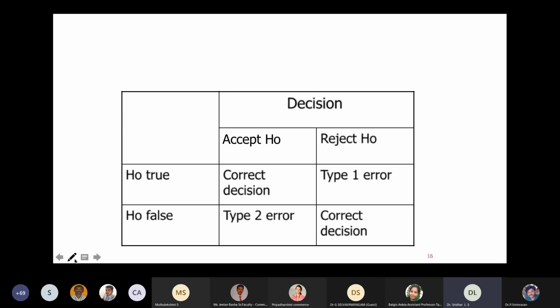Even though it fits the criterion, you are saying that your sampling method is not appropriate, that's the reason you got only one, otherwise there would be more defects, so you completely rejected the lot. That is called producer risk.